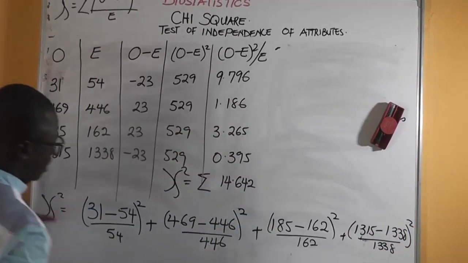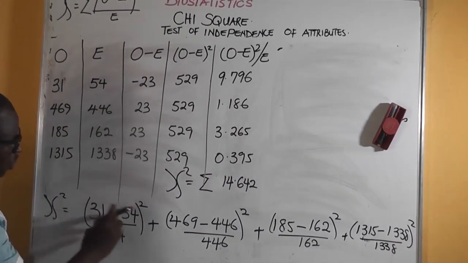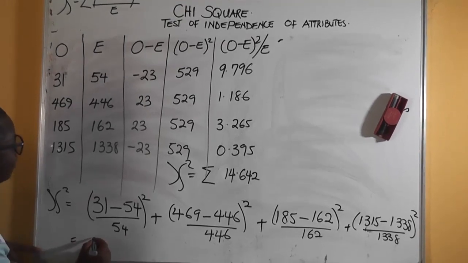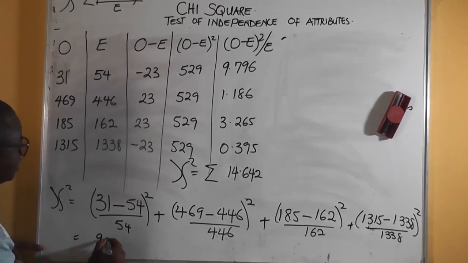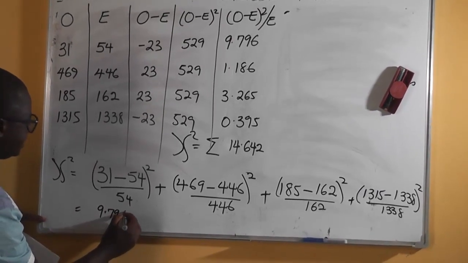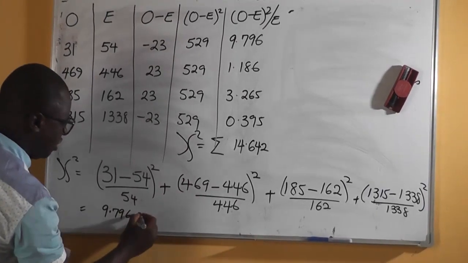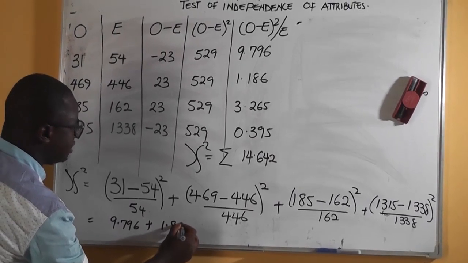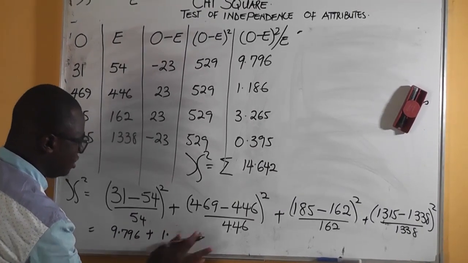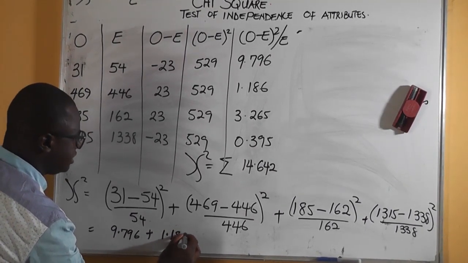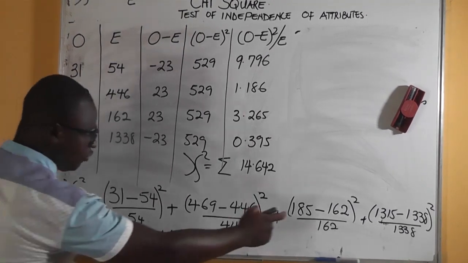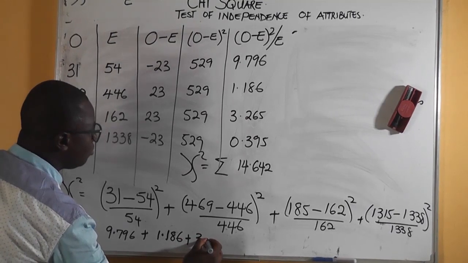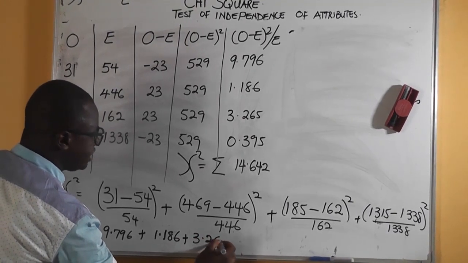Now on your calculator, if you solve all of these, for the first one you are going to get 9.796. The second will give you 1.186. The third one will give you 3.265.